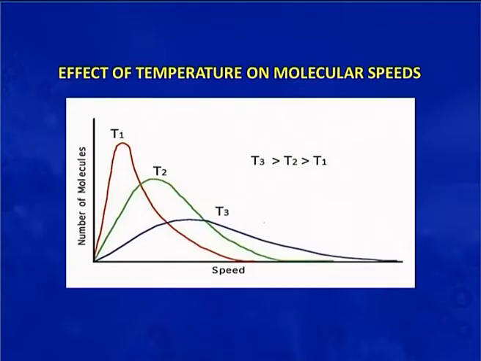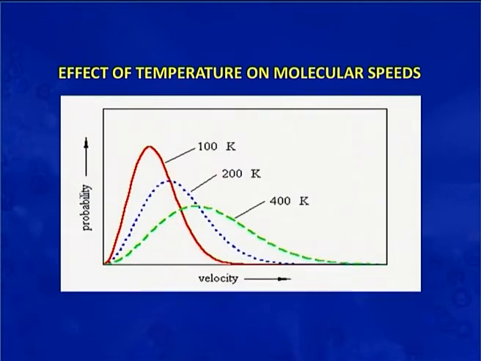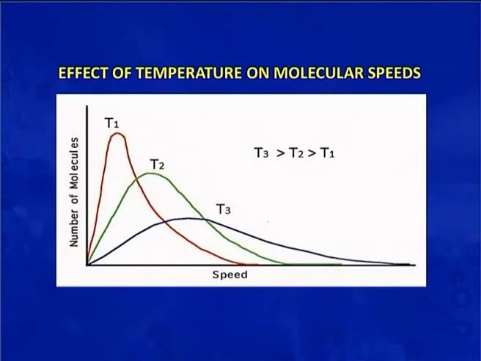It is clear from this graph that the fraction of the molecules with too low and too high velocities is very small. The fraction of the molecules having speeds greater than 0 goes on increasing with increasing velocity, passes through a maximum and then again falls towards the high velocities. There is a certain velocity for which the fraction of molecules is maximum. We will call this the most probable velocity.